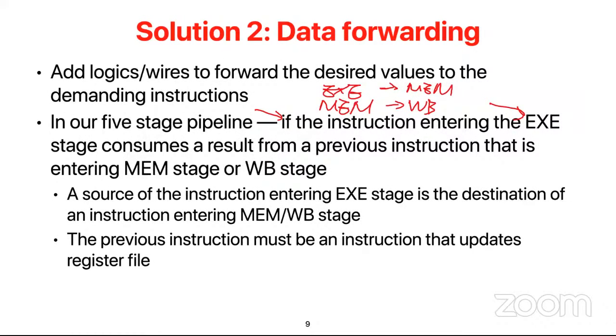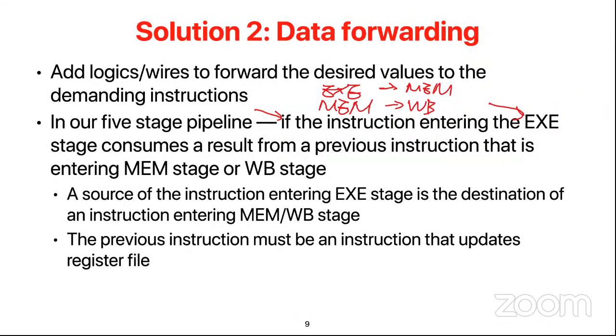So the key thing is that if an instruction that is entering the execution stage can find its value from a previous instruction in the memory stage or the write back stage, we can forward those values to the ALU in the execution stage for the later instruction to continue execution. So that's the basic idea of data forwarding.